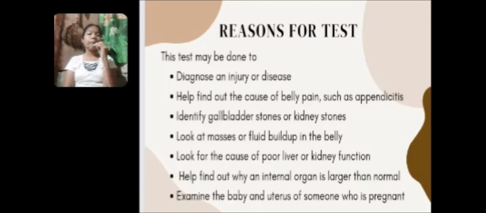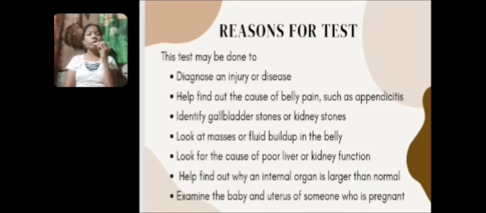So the abdominal ultrasound, or the diagnostic ultrasound, can examine what kind of injury or diseases. It can also help find out the causes of belly pain such as appendicitis. It can also identify gallbladder stones or kidney stones and look at masses or fluid buildup in the belly.